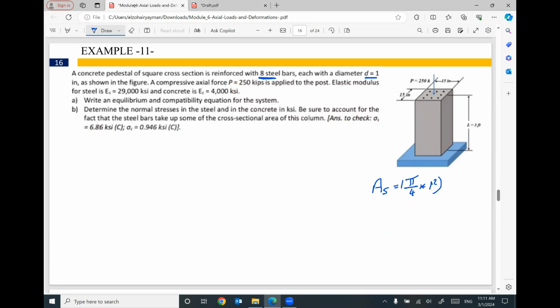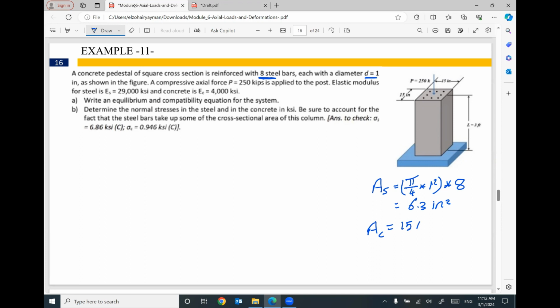This is the area of 1 rebar. We have 8 rebars, so I'm going to multiply it by 8. So the area of steel will be 6.3 inch square.